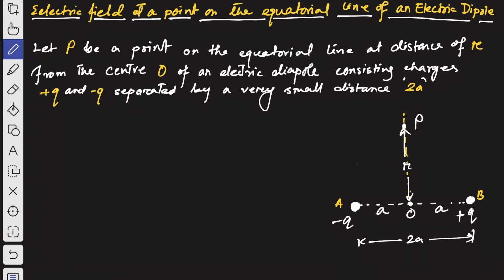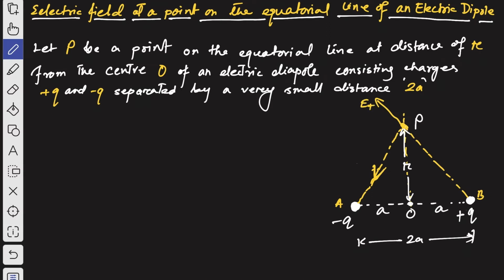Now we know the direction of electric field due to a positive charge is radially outward. So the electric field at this point P due to this positive q charge should be directed radially outward in this direction, and the electric field due to this negative q charge should be directed towards the negative q in this direction.